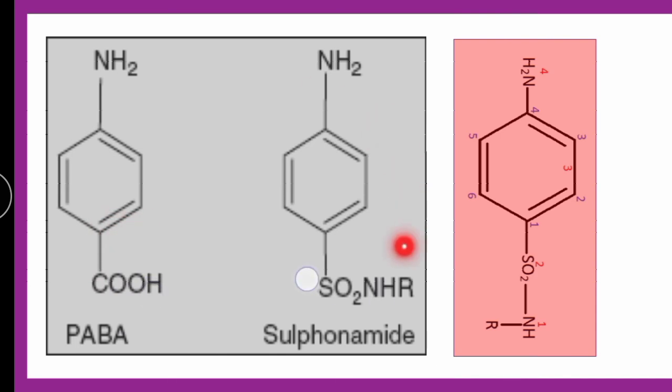This is the ring, NH2, and this is SO2NH2. In the case of SO2NH2, if there is replacement of one hydrogen of this NH2, then it is the sulfanilamide moiety, and when one hydrogen is replaced with some alkyl group, then the derivatives are formed.